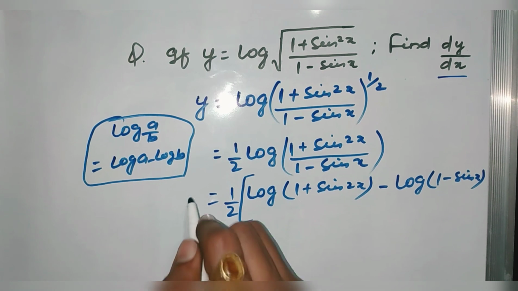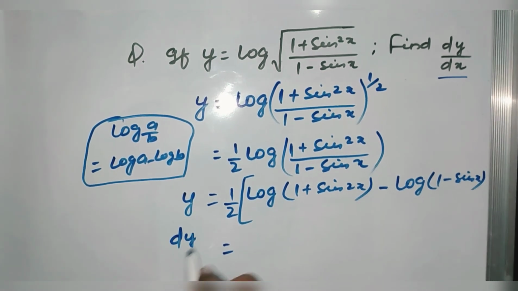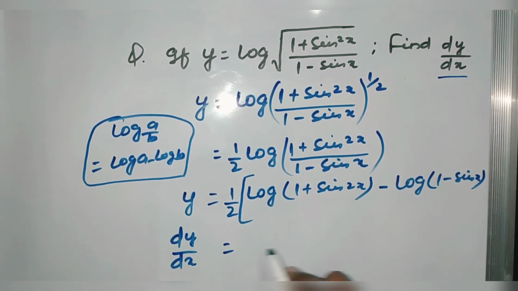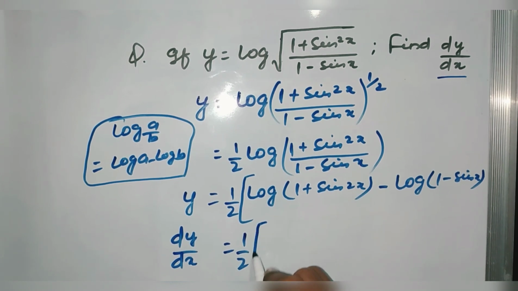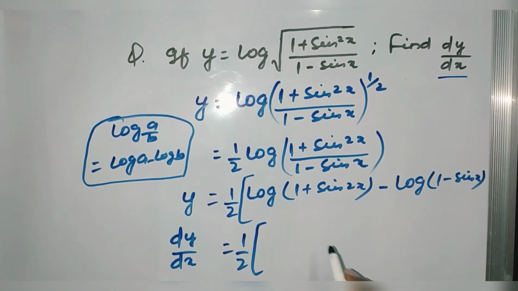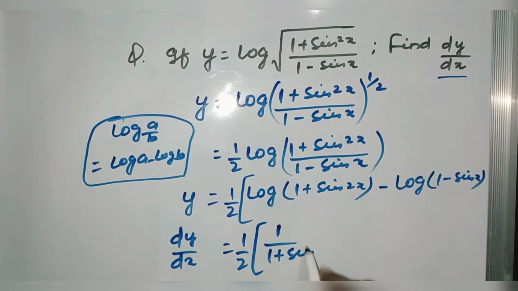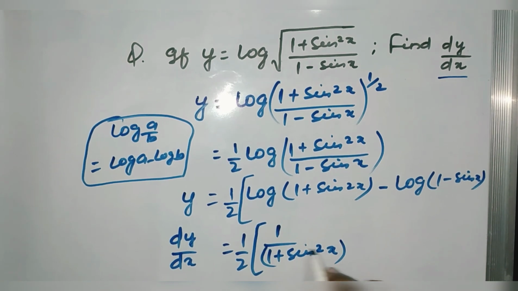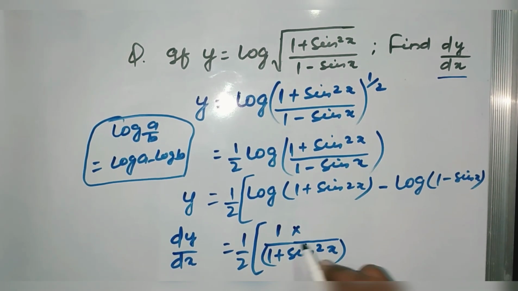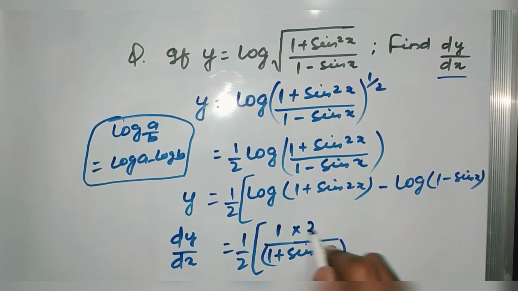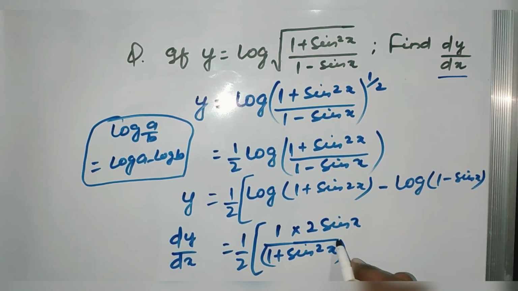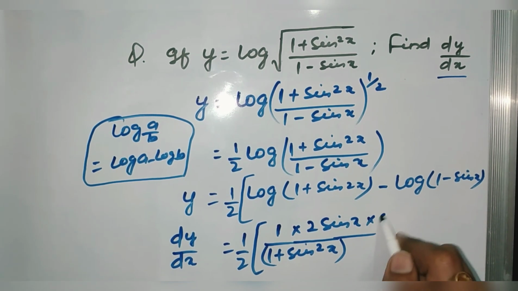So now we will have to differentiate this, and 1 by 2 will be written here for dy by dx. Now log of x is differentiated as 1 upon x, so 1 upon (1 plus sin x) squared. The differentiation of 1 is 0 and of sin square x will be 2 sin x, and again the differentiation of sin x will be cos x.